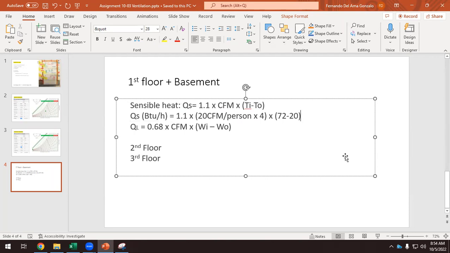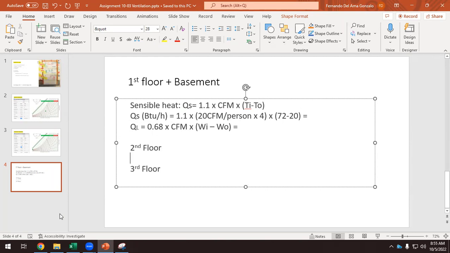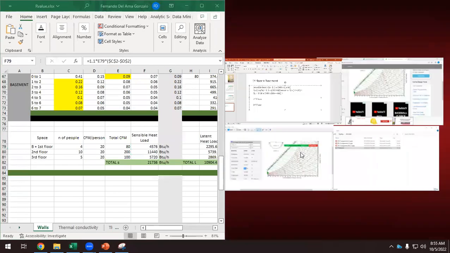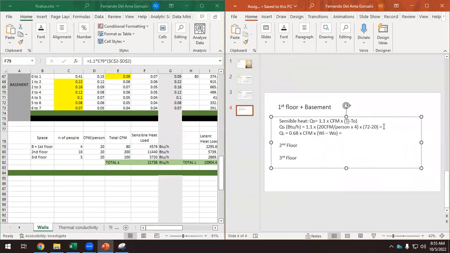So for the first floor plus basement, the number is this one. It's 4576, the sensible. This is the sensible load.